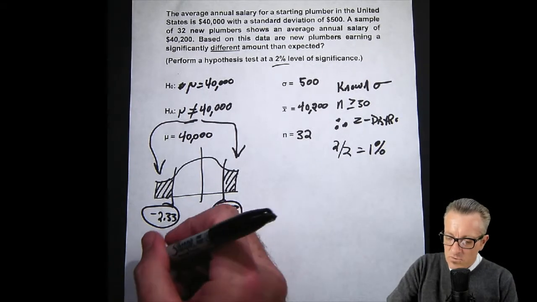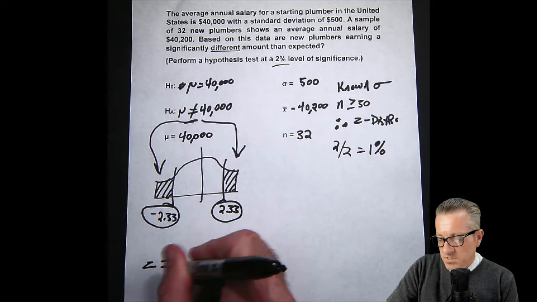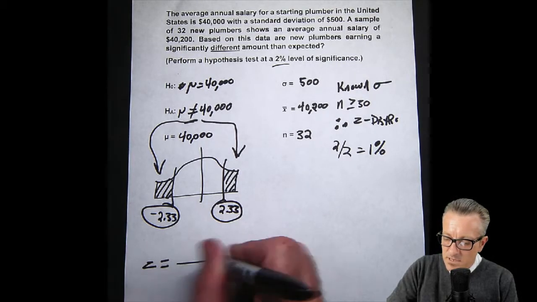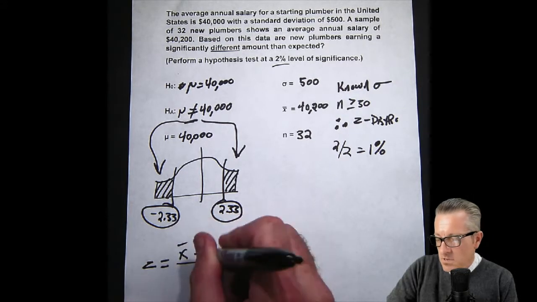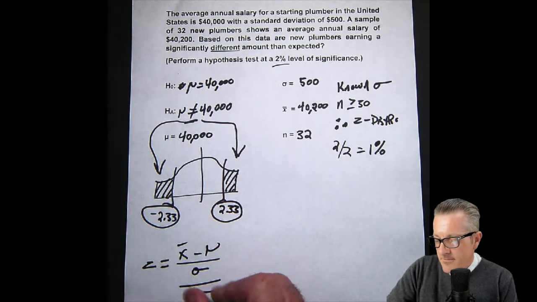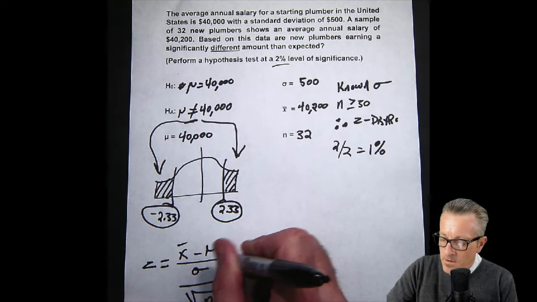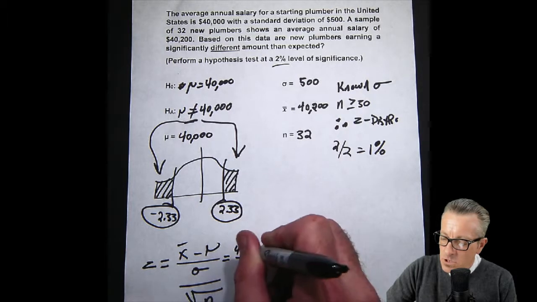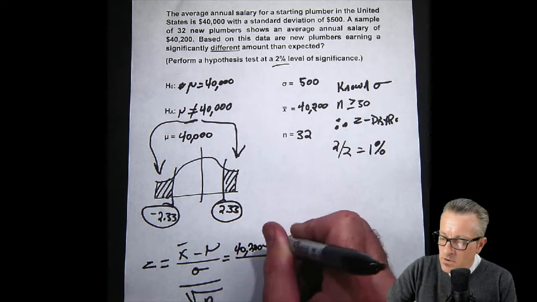So let's do our Z real quick. Now this is going to be the same as my one-tail example. I already have this laid out, but let's do this. Which is actually, what's that, 40,240.